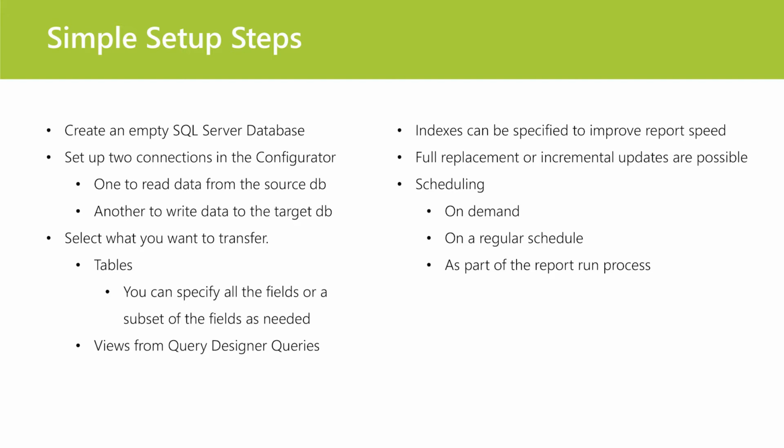So to set up this whole process, and I will go through it at a high level, I'll show you all the screens involved and so forth. All you need to do is set up an empty SQL Server database, and then there are a set of connections you need to create. Two in particular.